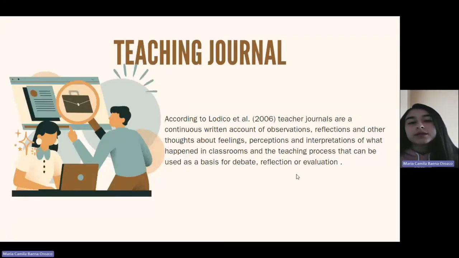Teaching journal. According to Lodi et al. 2006, teacher journals are a continuous written account of observations, reflections, and other thoughts about feelings, perceptions, and interpretations of what happened in the classroom and the teaching process, which can be used as a basis for debate, reflection, or evaluation.